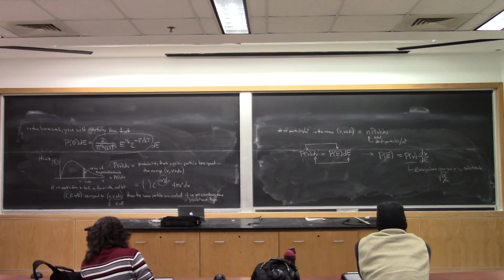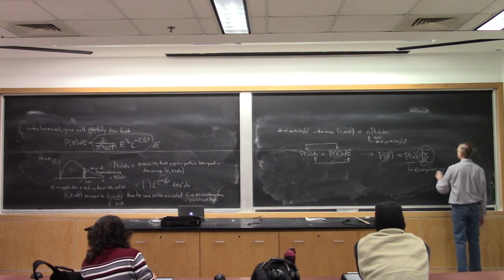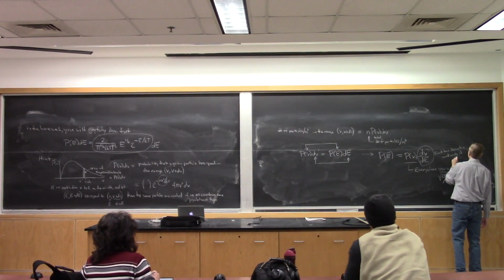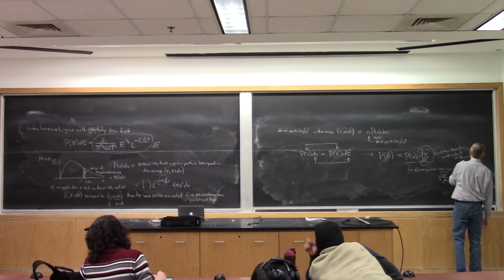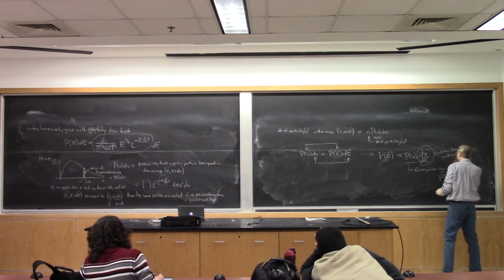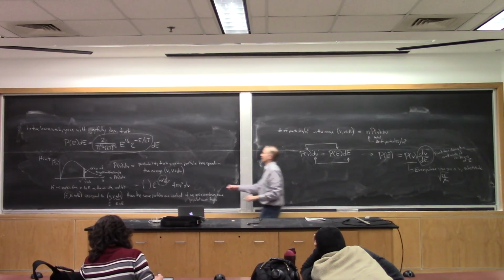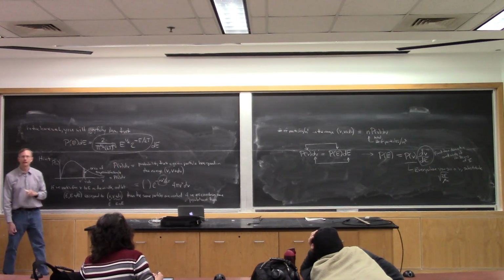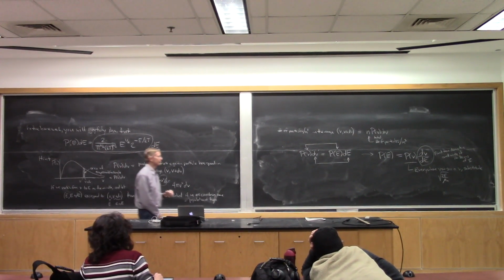So find this derivative and write it in terms of E. And when you do so, if you don't get this as the result, you did something wrong. So that's what you're supposed to do there.